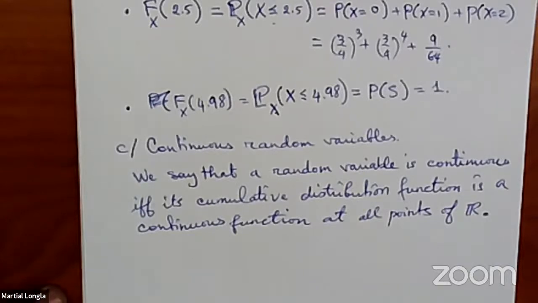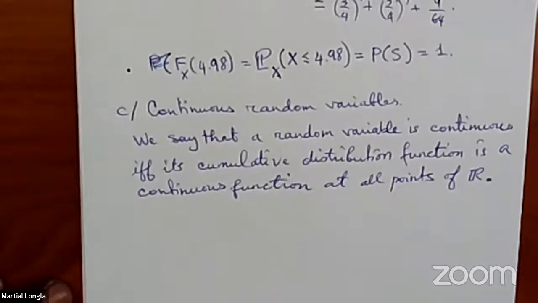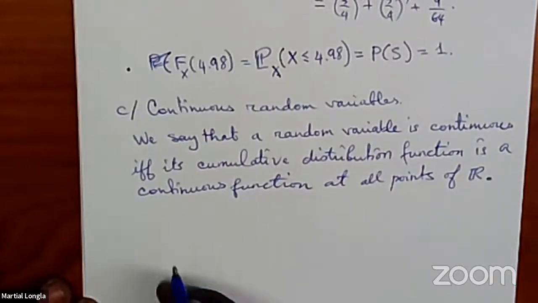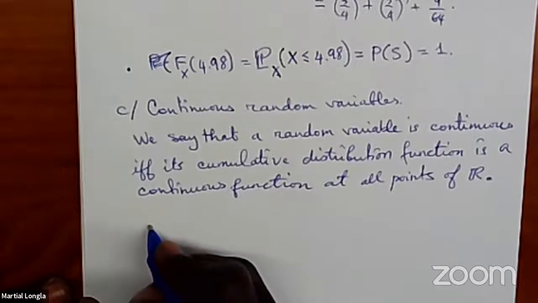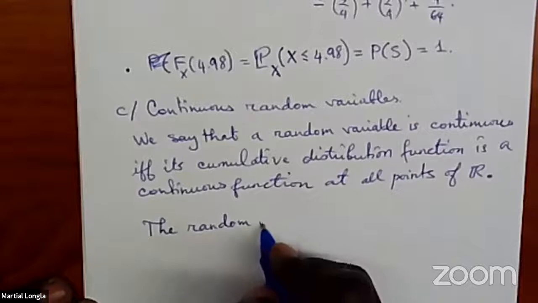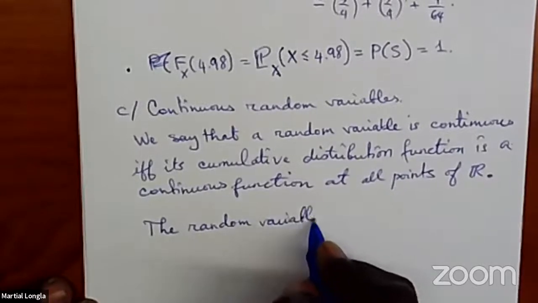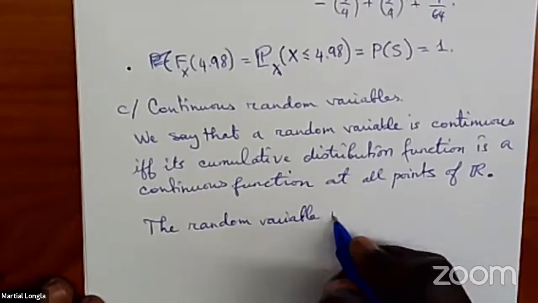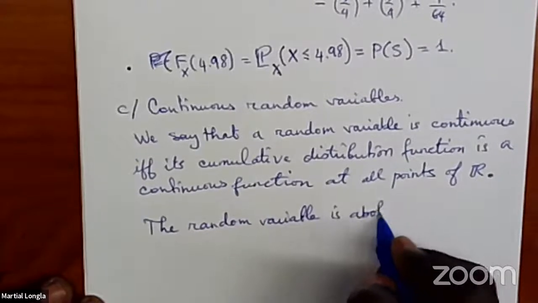Now, usually the confusion is with the next one. The random variable is absolutely continuous.